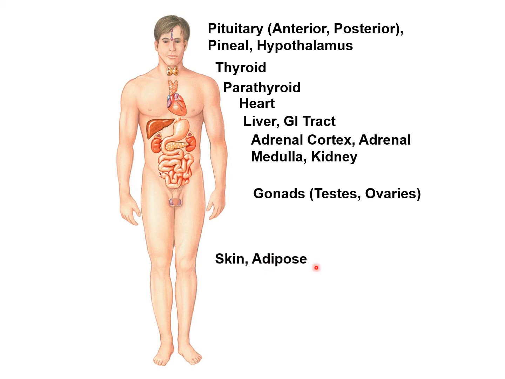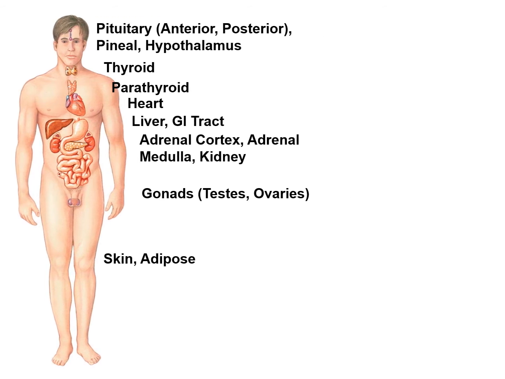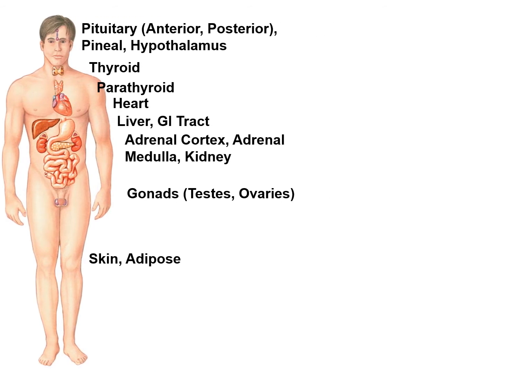There's a hormone called leptin that's released from fat that seems to be associated with body weight regulation to some degree. Lots to talk about, but we don't have that much time. So we're going to cover the highlights and give you a toehold into this major aspect of human physiology.